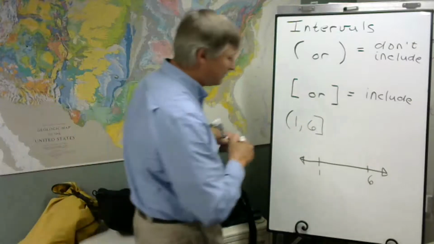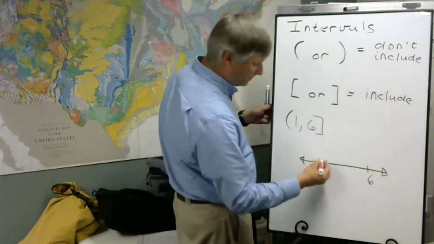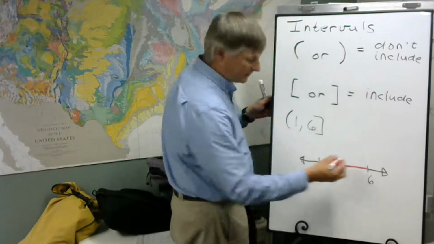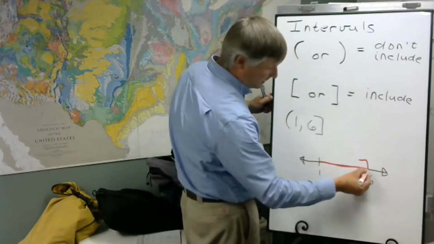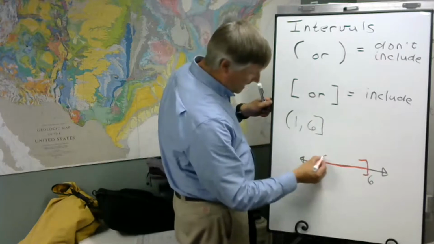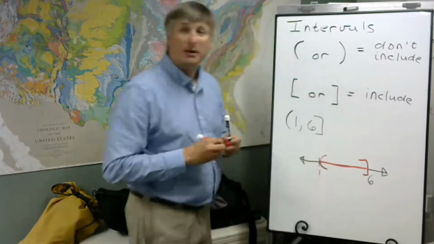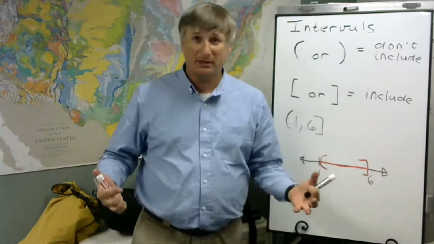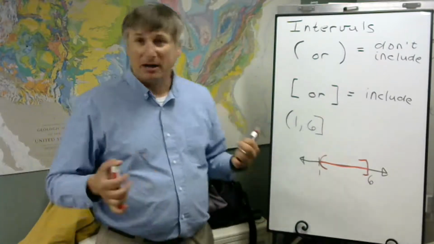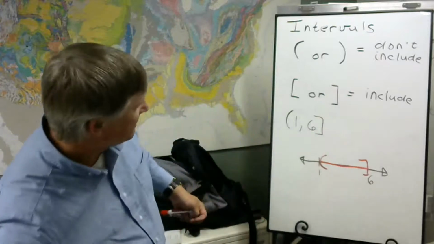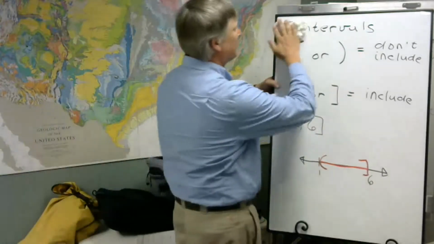So that means this interval will be all the numbers 1 to 6. It will include 6, but it's going to exclude the number 1. Now, 1.0001 will be in here, but not 1 itself. Now, what this looks like in what we call roster notation.